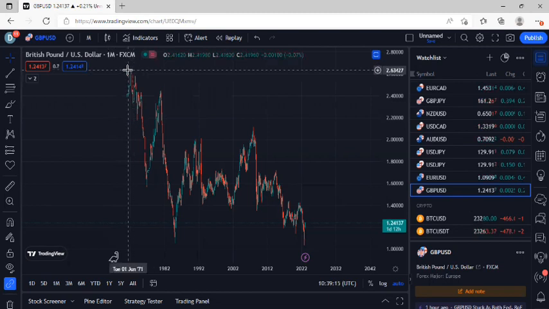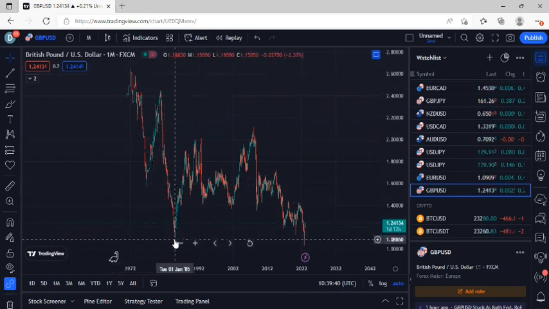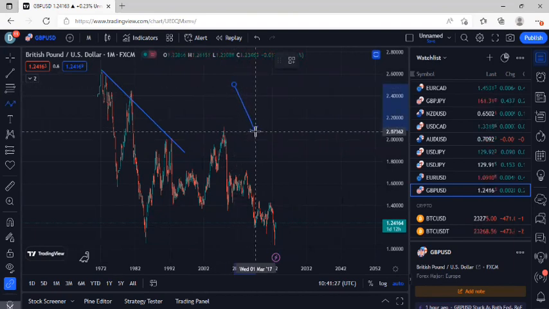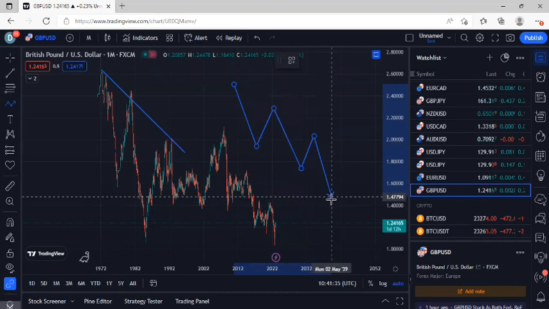If you look at the beginning of the trend here from the left, you see this is lower high, lower low, lower high, lower low. So in the case of a downtrend, you have lower high, lower low, lower high, lower low, lower high, lower low.